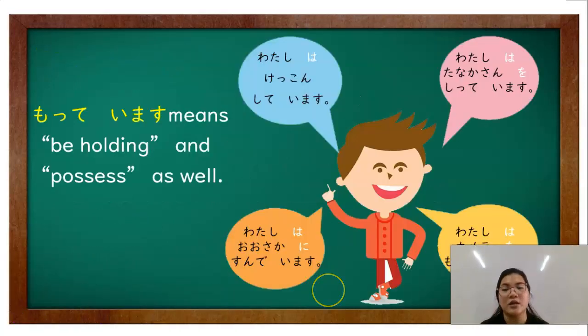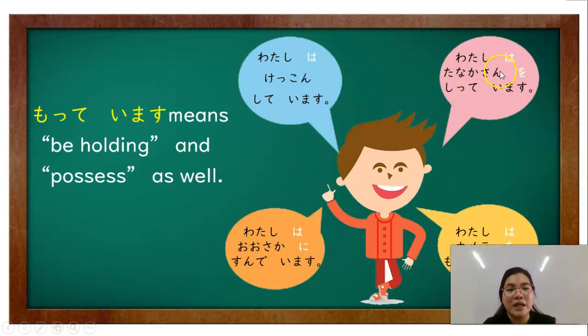Okay? So, motte imasu means beholding and possess as well. For example, here, watashi wa kikon shite imasu. Okay? As I said, shite imasu will be a continuing state. Although it happened in the past, married ka pa rin ngayon, so you are still in that marriage state. So that would be kikon shite imasu.